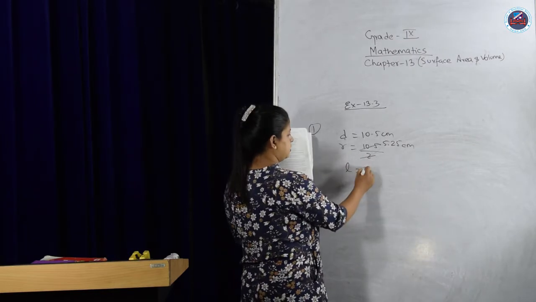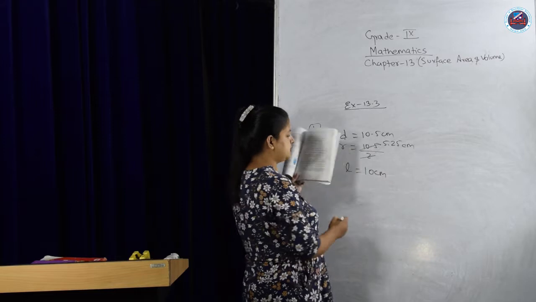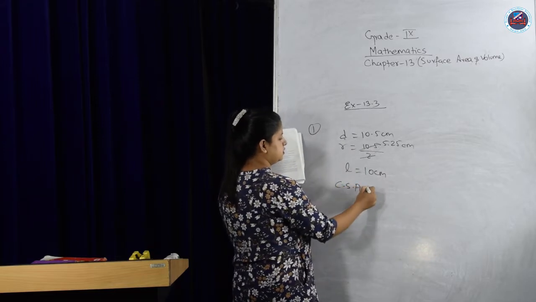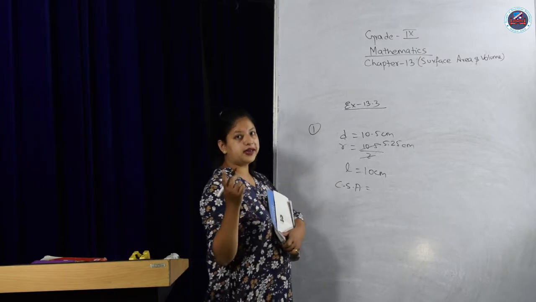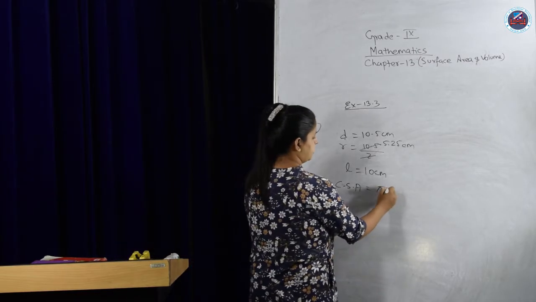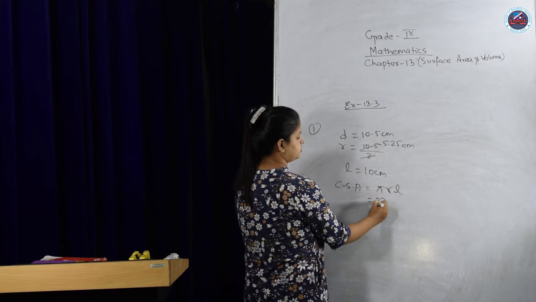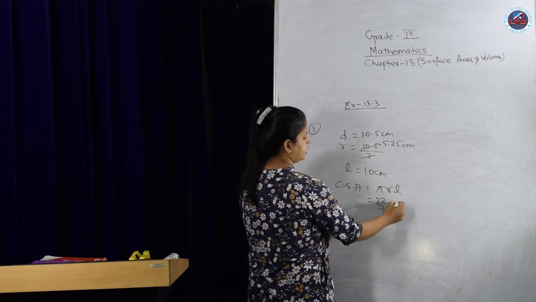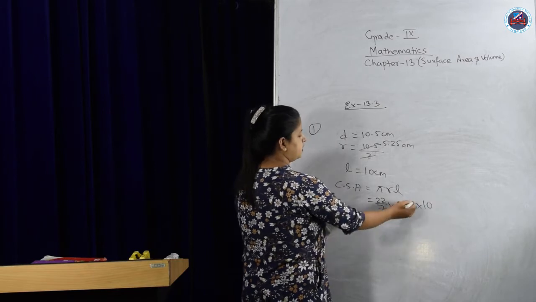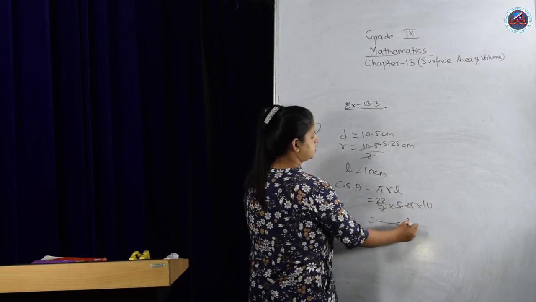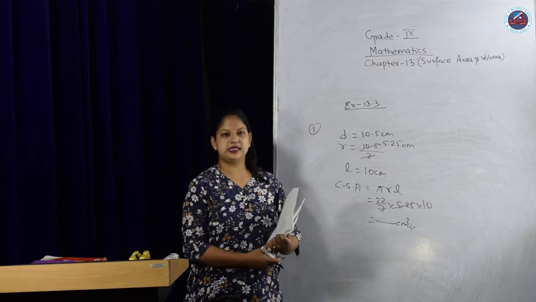Slant height L. Find its CSA. CSA, we clearly have the formula for cone, pi r l. Pi is 22 by 7. R we have, L we have. So with 7 divided, whatever comes, that much centimeter square is your CSA. Simple.